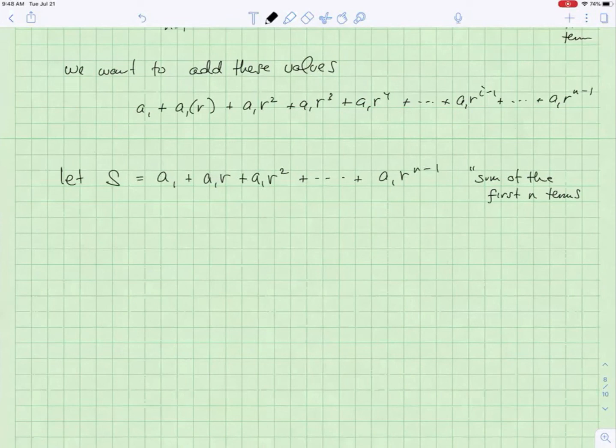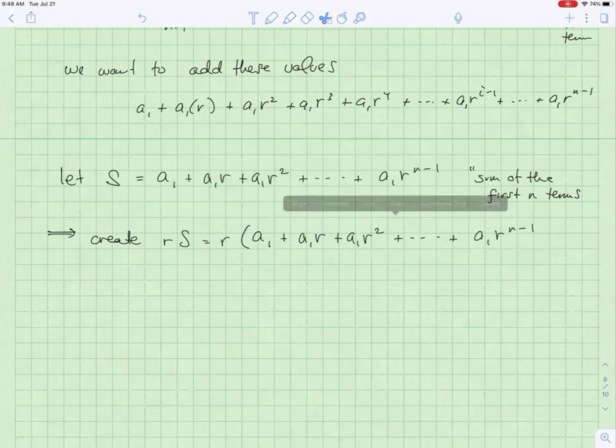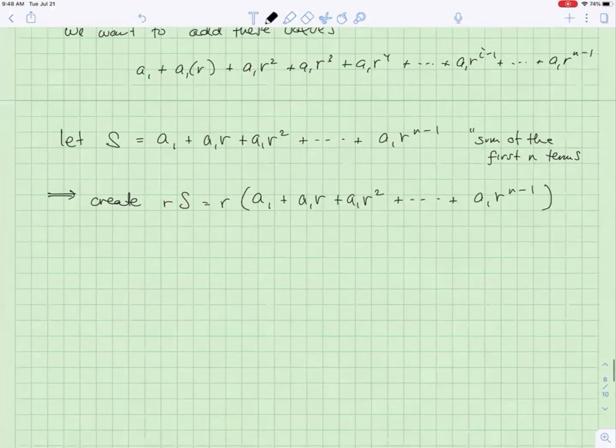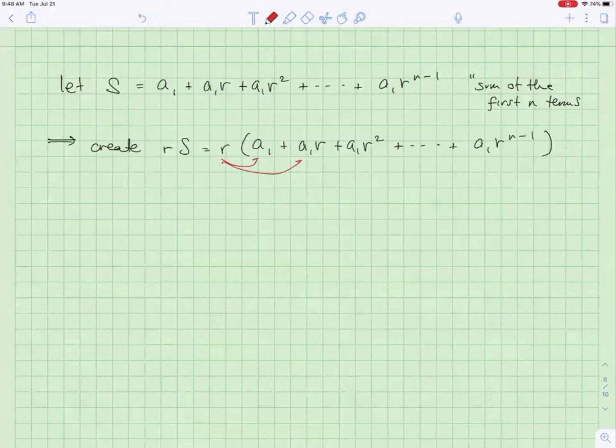Now we're going to do something clever. We're going to create R times S. So that's R times this entire right side, and we're just going to distribute. That shouldn't be too hard.